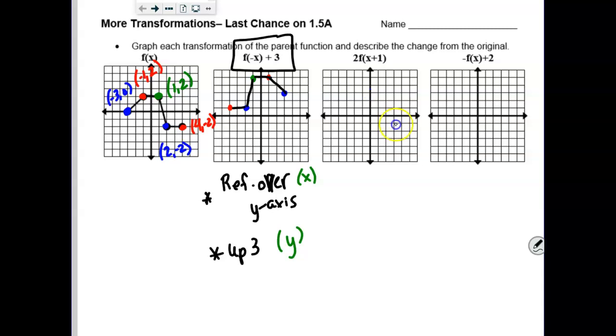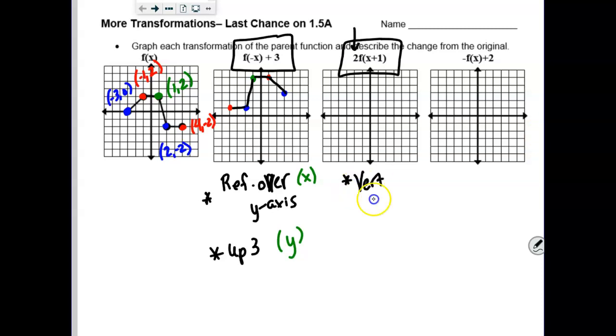So let's talk about the transformations. I'm not going to do the next two for you. There are two transformations I need you to describe for me on this next one. Talk to me about what this 2 does, because it's in front of your function. It's what kind of a stretch?